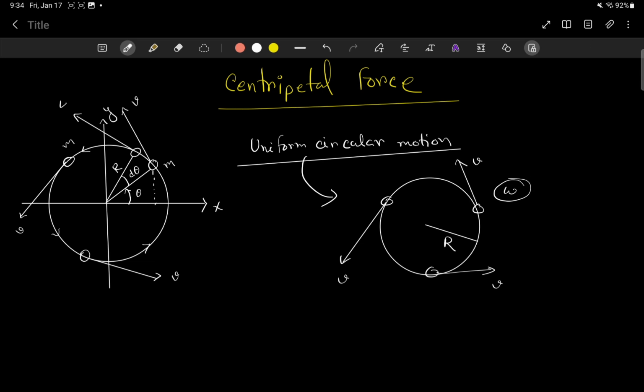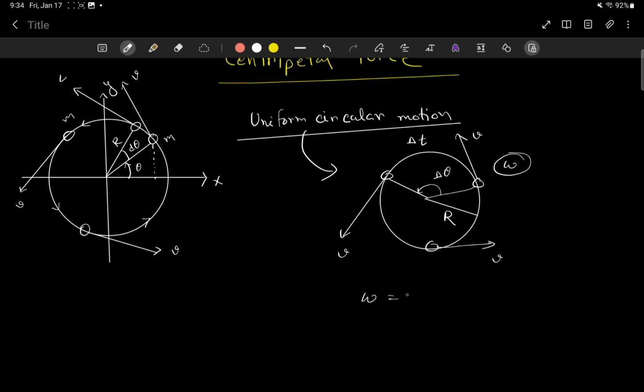You can see it for yourself: let's say in any time interval delta t, it has traveled delta theta in angular displacement. So the average angular speed omega will be equal to delta theta over delta t.